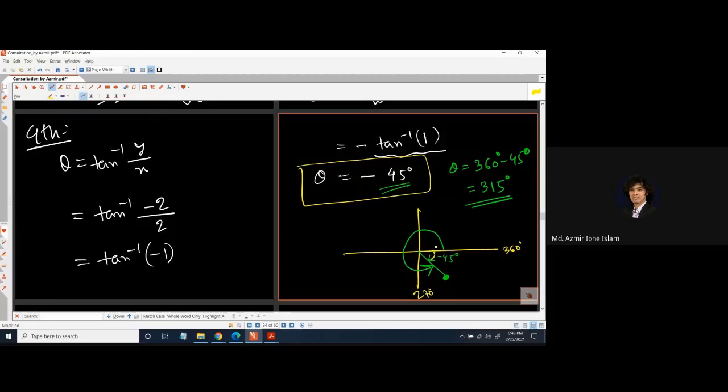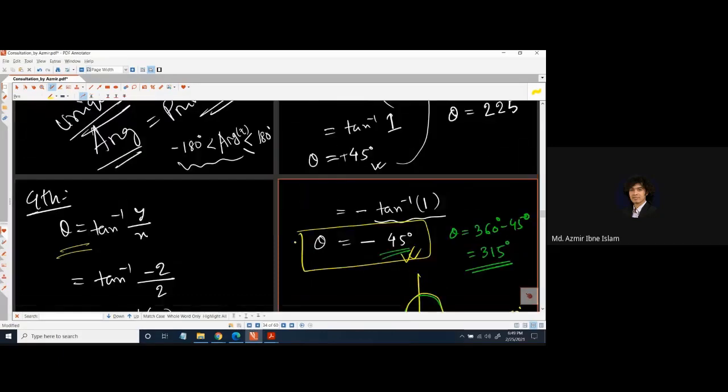So that means besides applying the formula, location of the point is important, because the formula is giving us negative 45 degree, but we have to correct the angle based on the location of the point.